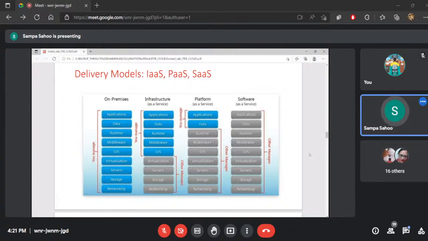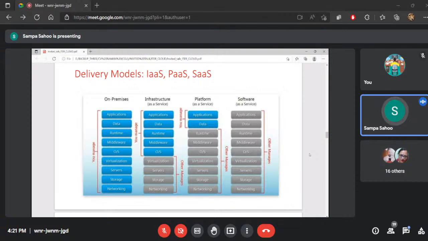In case of infrastructure as a service, all the infrastructure that is required to run a particular application will be provided by the cloud service provider. Now the user's task is to install all the software required and manage it. All these things will be done by the user.